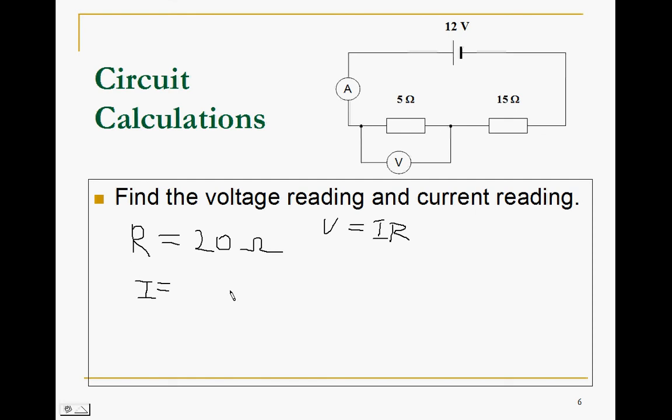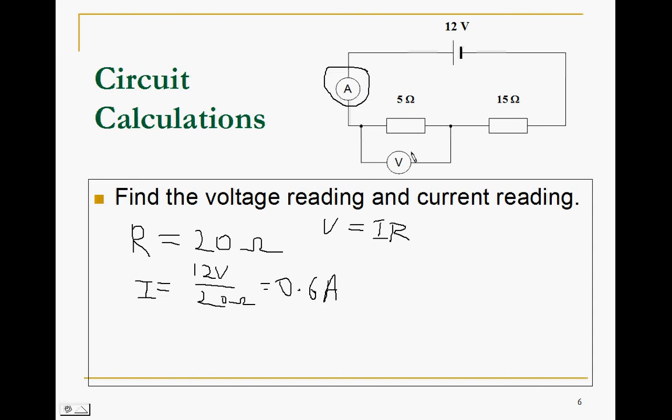The total voltage is 12 volts. The resistance is 20 ohm. So you have 12 volts divided by 20, and that will leave you with an answer of 0.6 ampere. So this 0.6 ampere will be the reading of the ammeter.